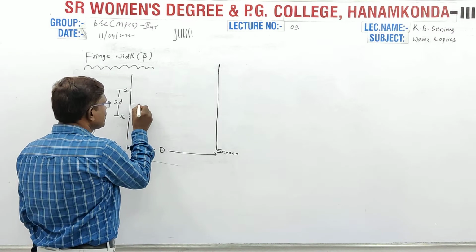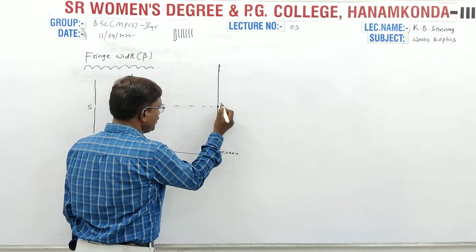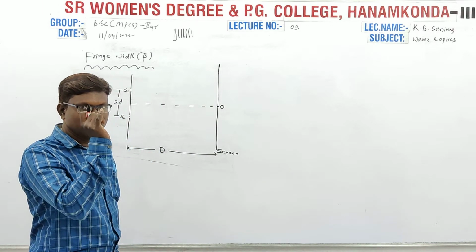Let O be one point on the screen. O is the center of the screen. Clear?